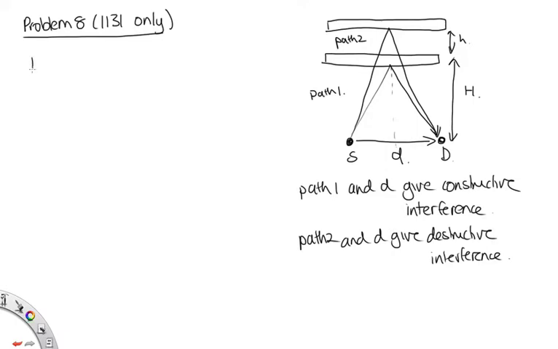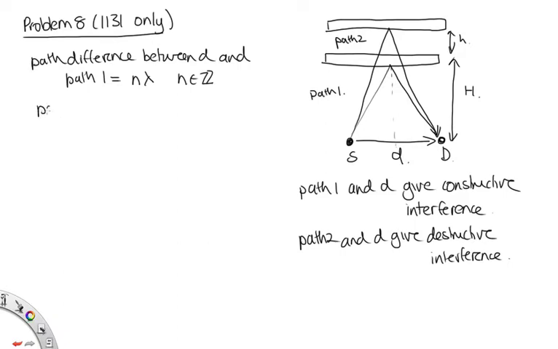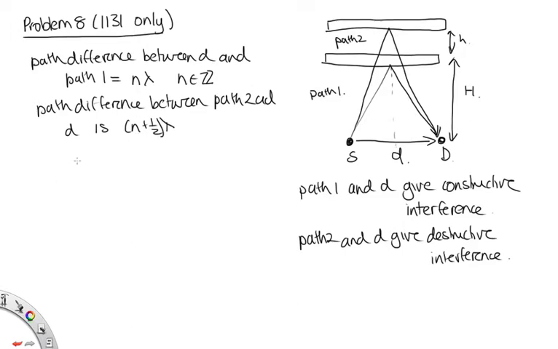We know that because the path difference between D and path 1 is equal to n lambda, where n is any integer, and then the path difference between path 2 and D is n plus a half lambda, where it's the same n. So lambda over 2 is equal to the length of path 2 minus path 1.